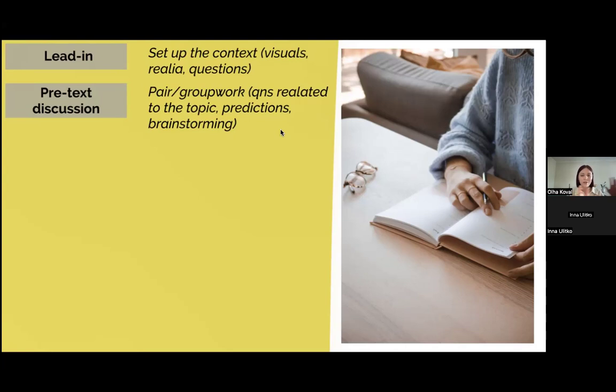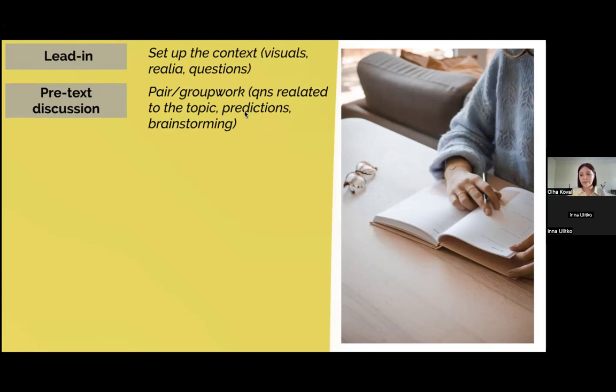Speaking about prediction tasks, they might be various. For example, look at the pictures and try to guess what the text is about. Or look at the pictures and try to put them in chronological order, and then we will listen to the audio and check whether you are right. Or look at the title of the text and try to guess what the style of the text is, or who this text will be about.